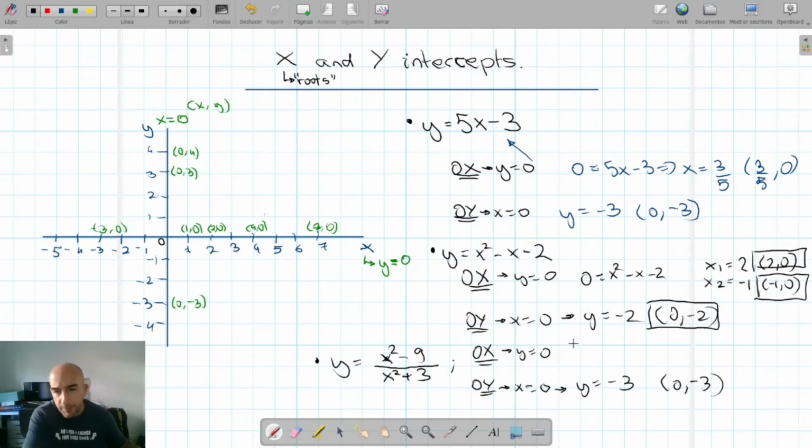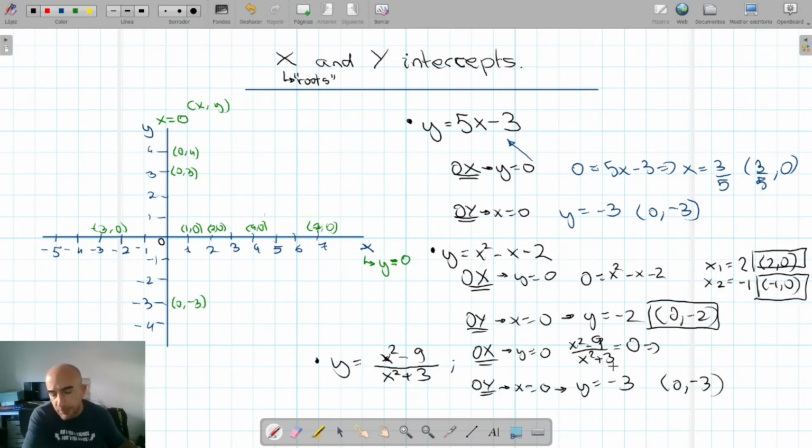And then if we do y equals 0, we have this fraction equal to 0. When a fraction equals 0, the denominator can be moved to the other side multiplying, and any number times 0 is 0, provided the denominator is not equal to 0, because otherwise we would have to solve that apart.